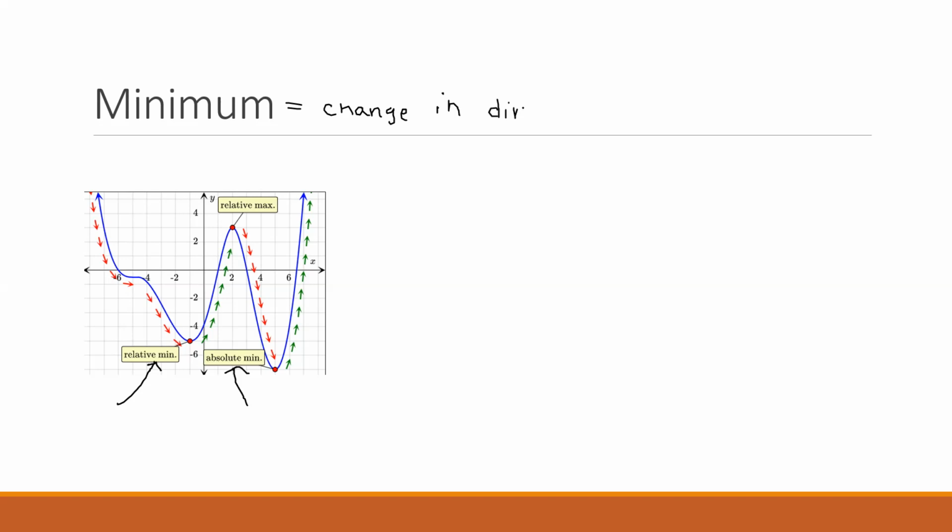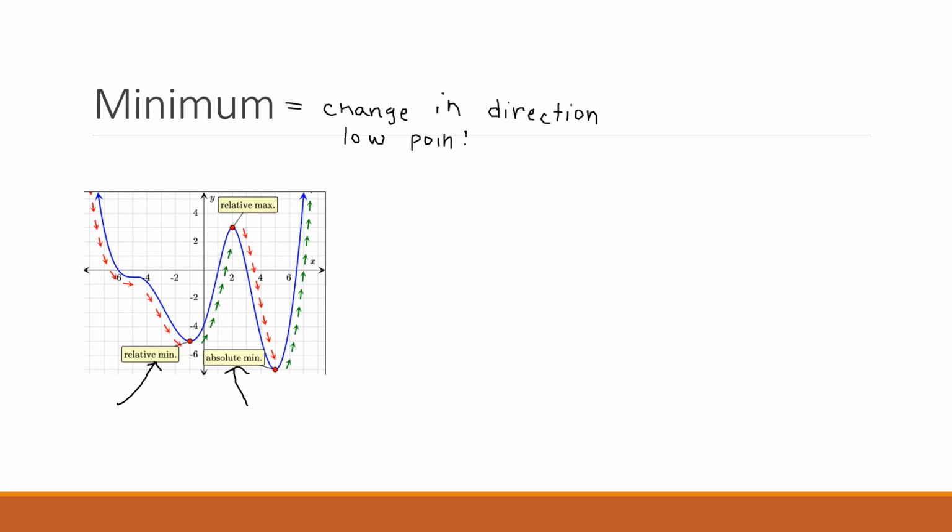And so this graph shows you places where the graph is decreasing with red arrows. And so I can see the graph starting on the left-hand side is decreasing, and it hits this low point, and then it changes direction and goes up again.